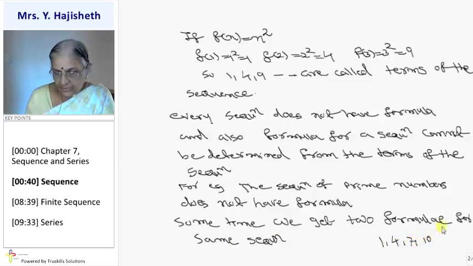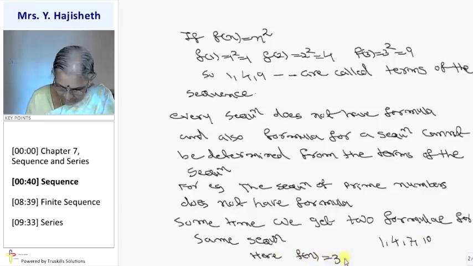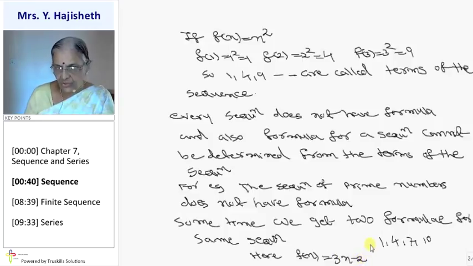Suppose you want to find the formula of the sequence. Here f(n) can be taken as 3n minus 2. When n is 1, you will get 1; n is 2, you get 4; n is 3, you get 7; n is 4, you get 10.